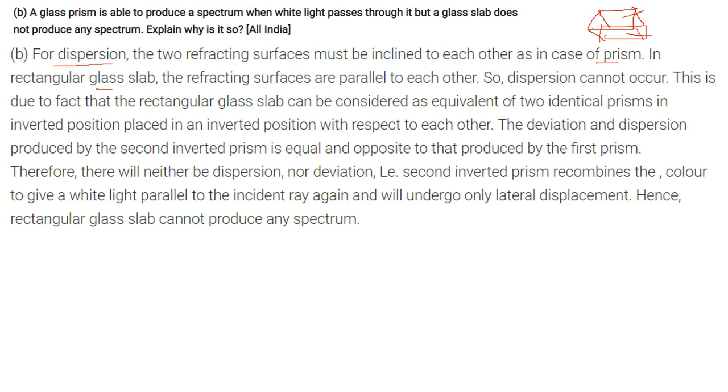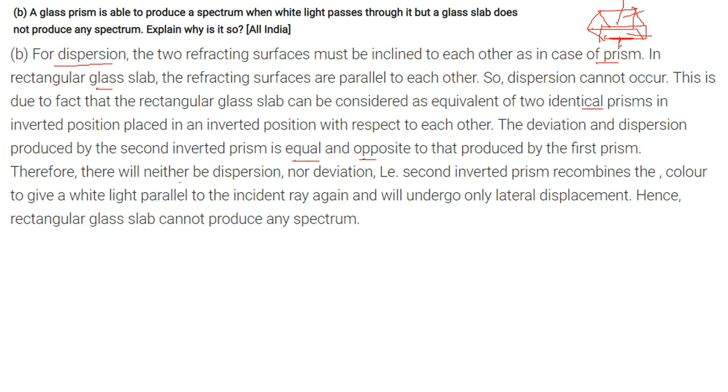It cannot occur, and this is due to the fact that the rectangular glass slab can be considered as equivalent to two identical prisms placed in inverted position with respect to each other. So the deviation and dispersion produced by the second inverted prism is equal and opposite to that produced by the first prism.